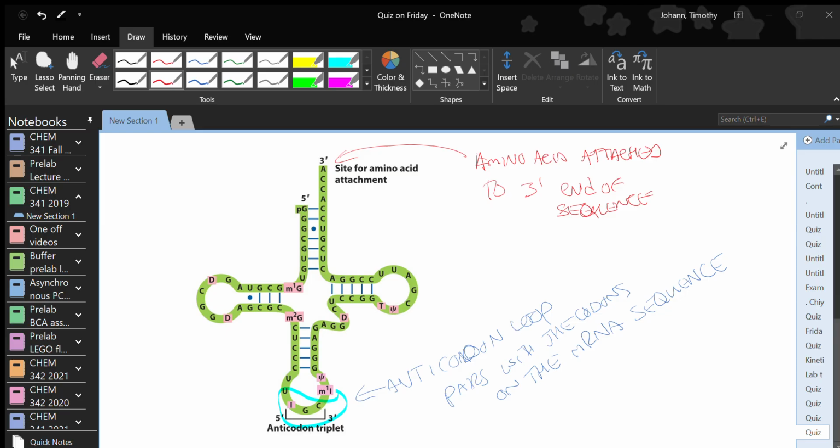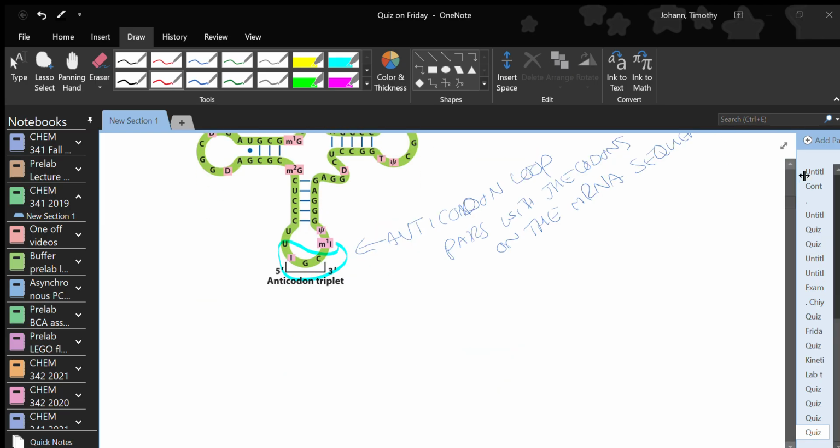One thing I want you to see here, and we'll probably see it in figures below as well, is that whenever you have pairing, it's always 5' to 3', it's always anti-parallel, right? So if we think about the codon sequence, the codon would go 5' to 3' in this direction. So this would be a G, C, and we'll talk about I in a minute.